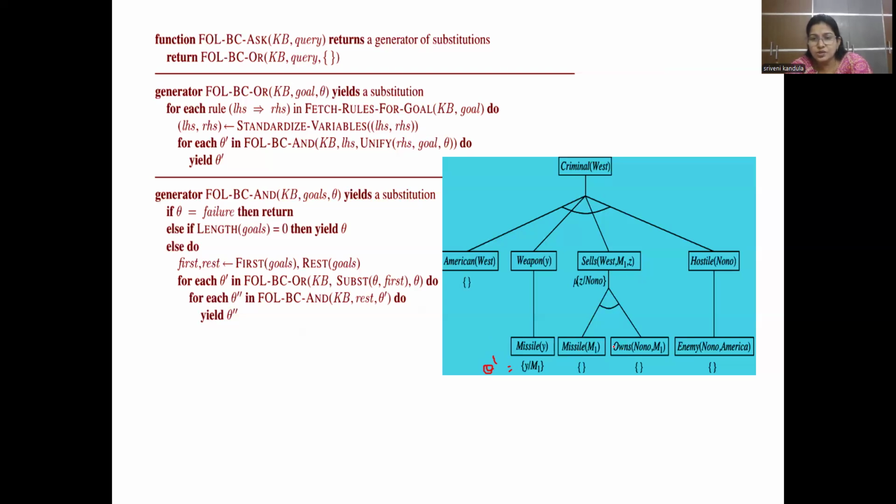So if I combine these two, then only I will be getting the solution for this. Then if you see, this is an OR node, this is also an OR node, only this sells is an AND node. Here I have a combination of OR and AND nodes. Then whatever substitution we have done for the OR node, we take as theta dash. Whatever substitution you have done for the AND node, we have used in the OR node. So suppose you are using theta dash and again you go for a substitution, then you mark it as theta double dash.